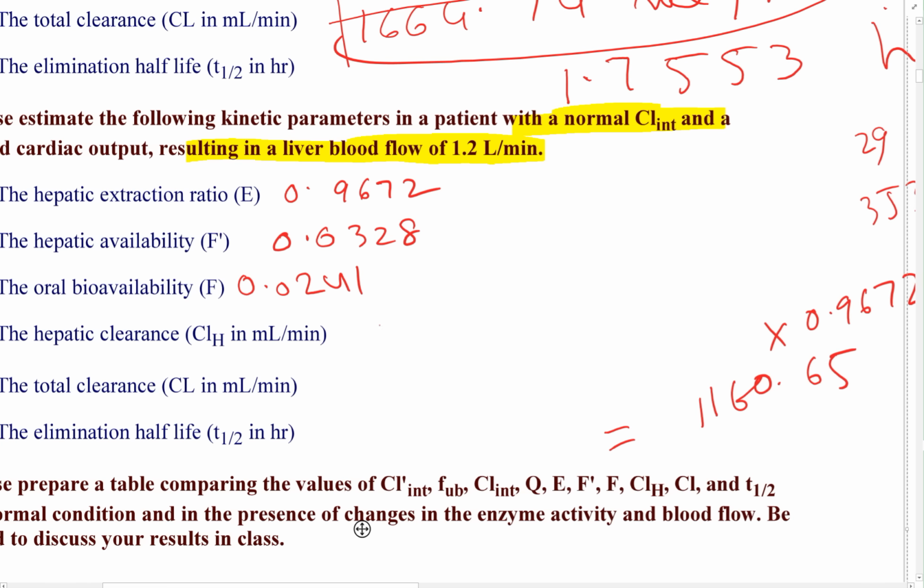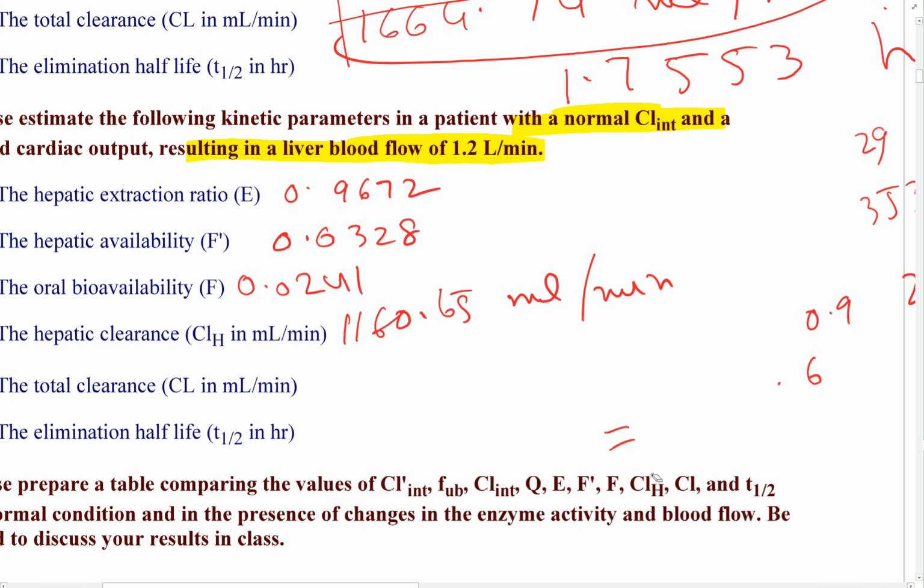Hepatic clearance is 1160.65 milliliter per minute. Okay, so here we have total clearance. It's very easy, you just add those things. Total clearance is CLH plus CLR.